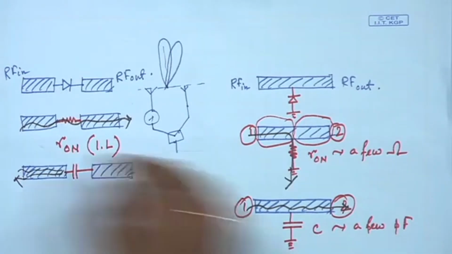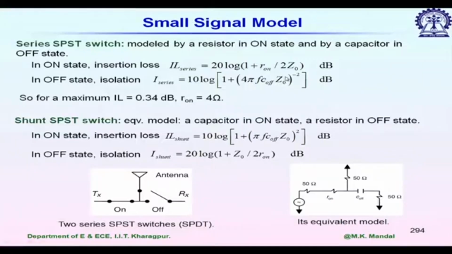So, let us say the port impedance is given by Z naught. In that case, we are considering series configuration now. When the switch is on, left hand side is connected to right hand side, and we replace the switch by a few ohm resistor, which is R on.